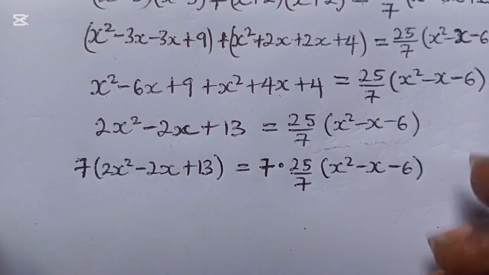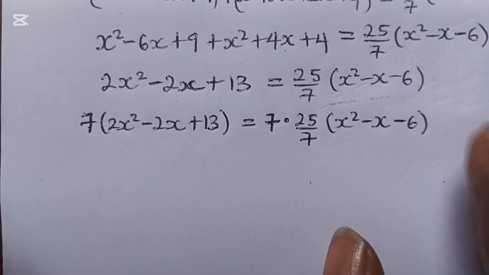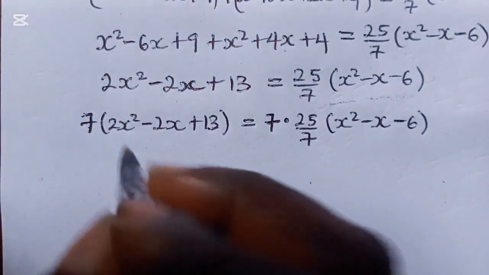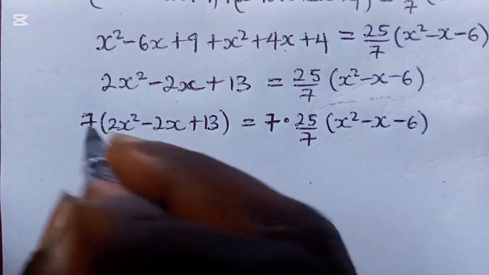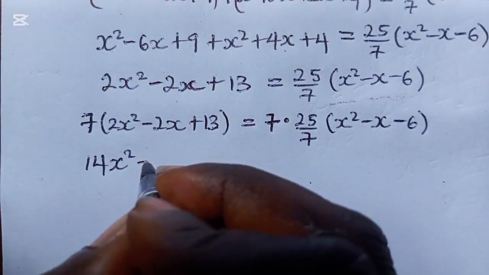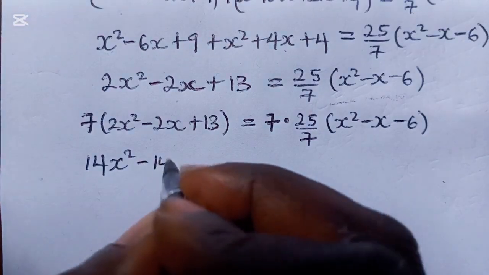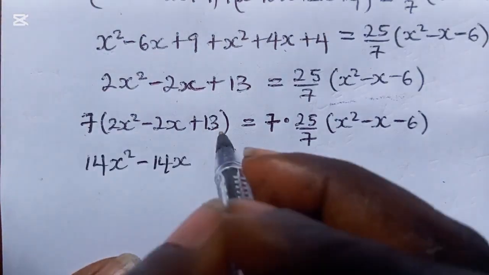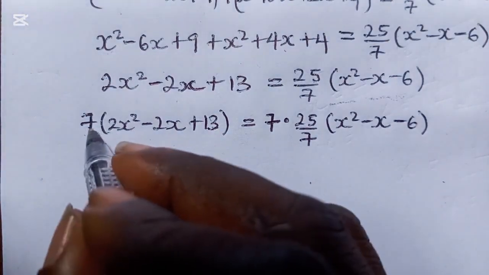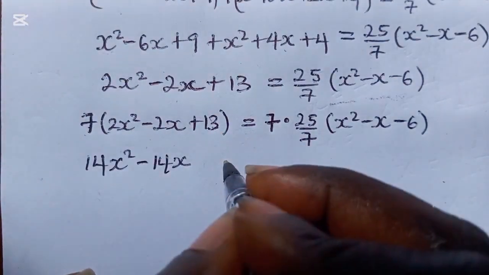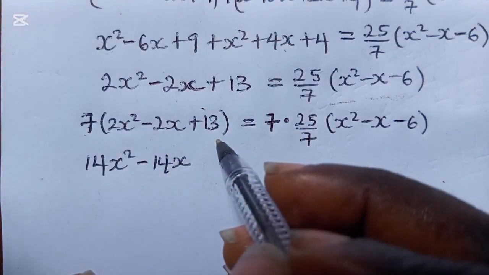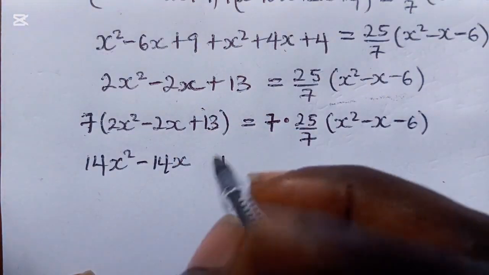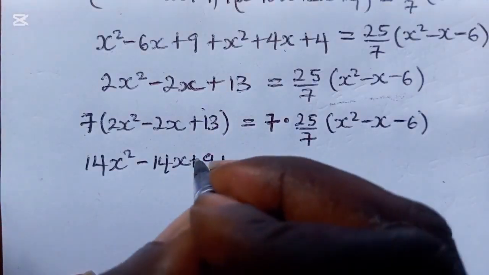Okay, so let's expand this bracket. 7 times this gives us 14x square. 7 times this gives us minus 14x. 7 times 13, that's 7 times 3, 21, then 7 times 1, that's 7, that's 91, plus 91.